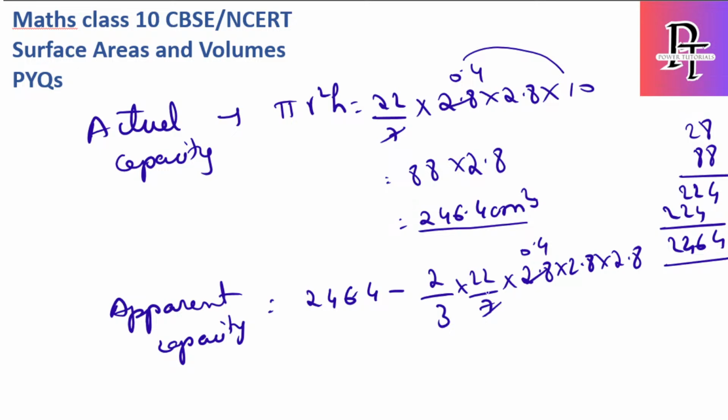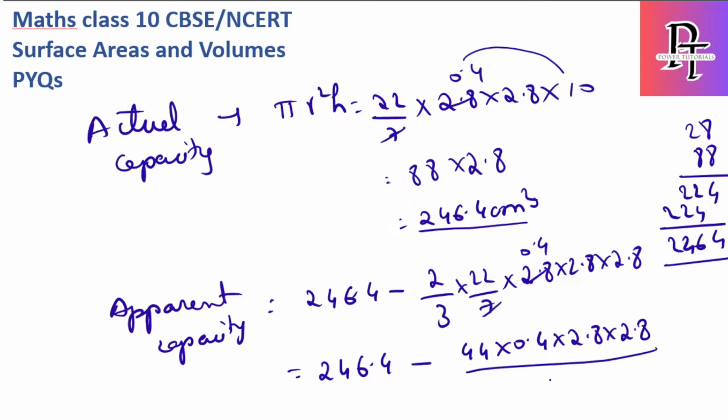No cancellation, we have to multiply. 246.4 minus 44 into 0.4 into 2.8 into 2.8 by 3.